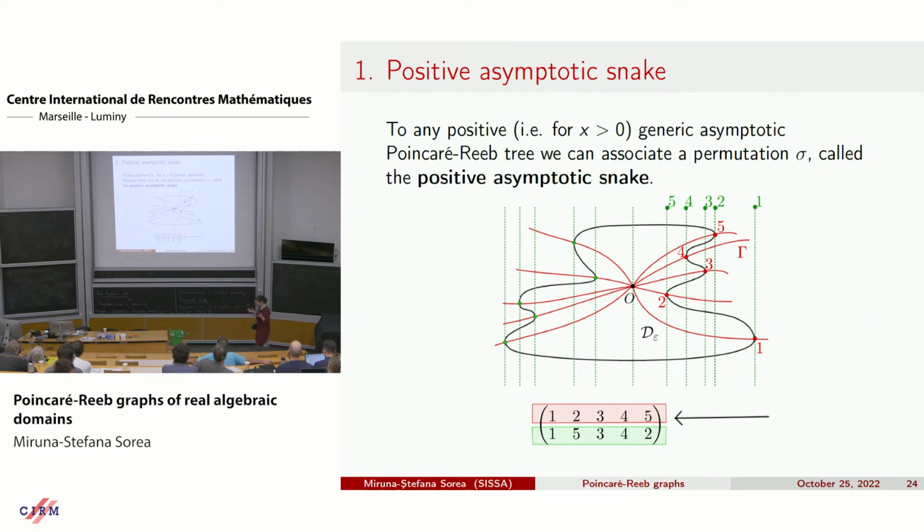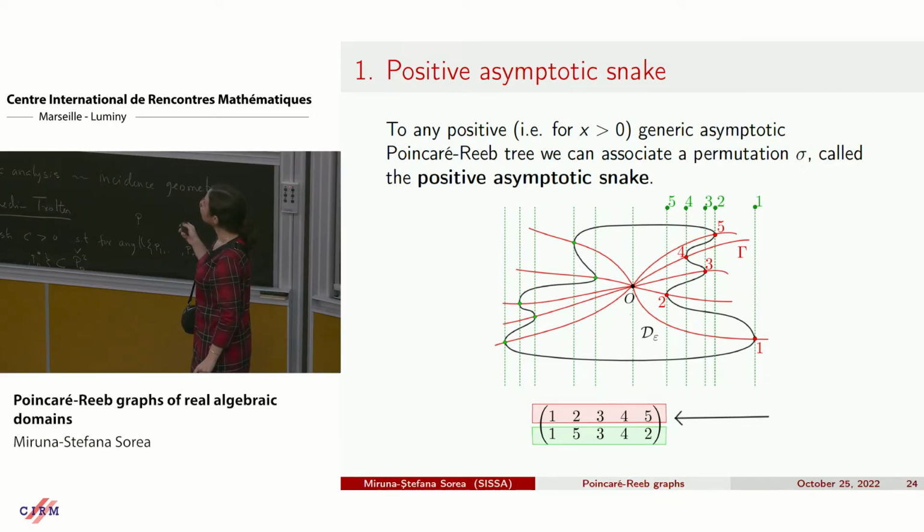But under this genericity hypothesis, now I need to introduce one more combinatorial object that will help me make computations in my construction, and this is the positive snake, positive asymptotic snake. So I was saying that from now, for a while, we just focus on x positive, so this semi-plane. So we look at the part of the level curve where x is positive, here near the origin.